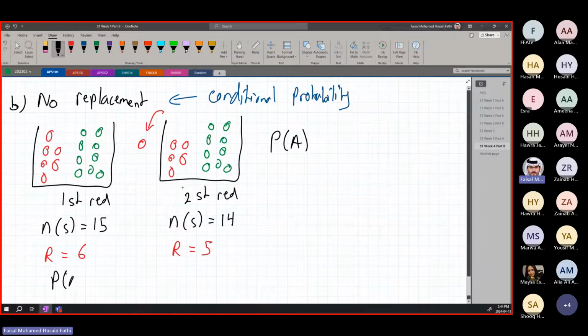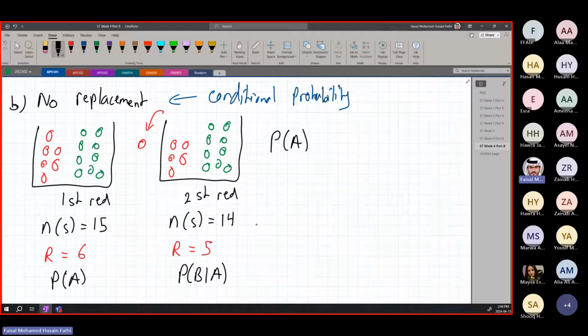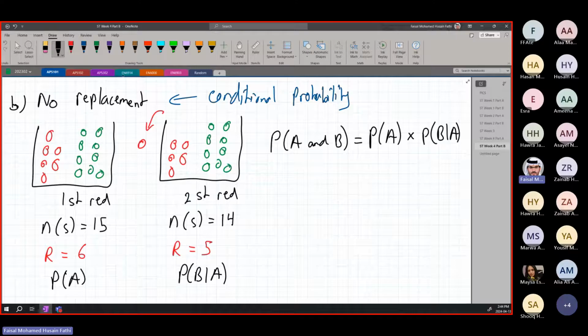We're going to get it from this. And P of B conditional A, because now P of B depends on A. P of A and B is going to be equal to P of A times P of B conditional A.